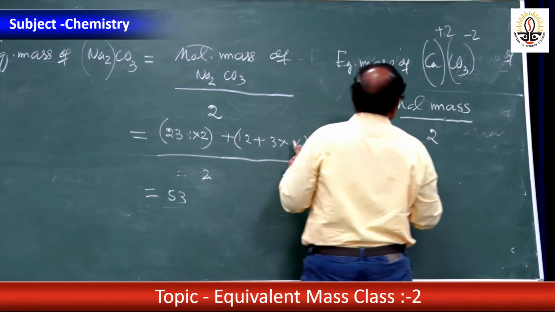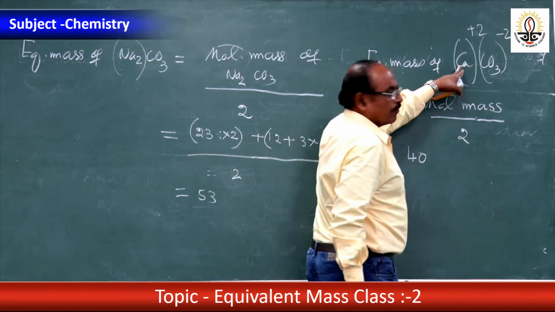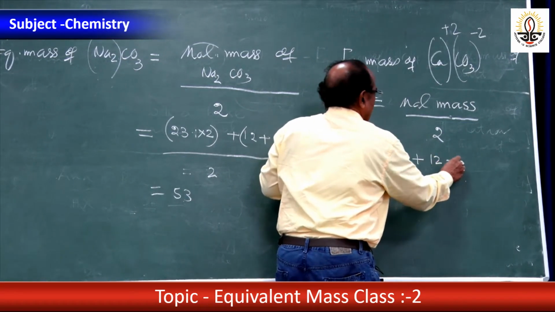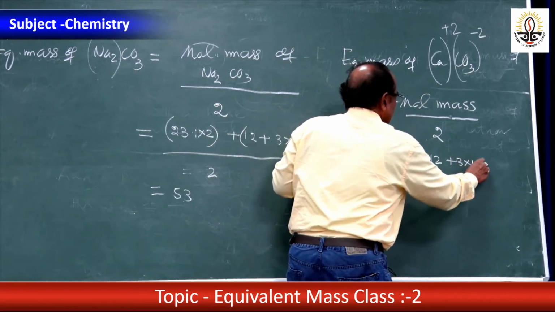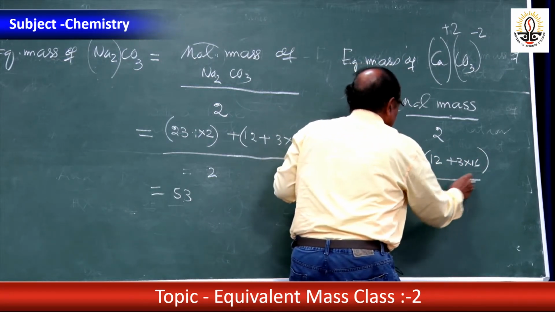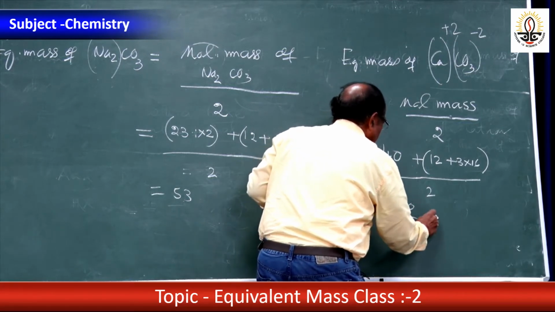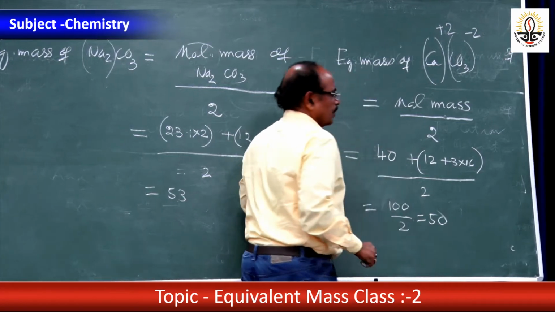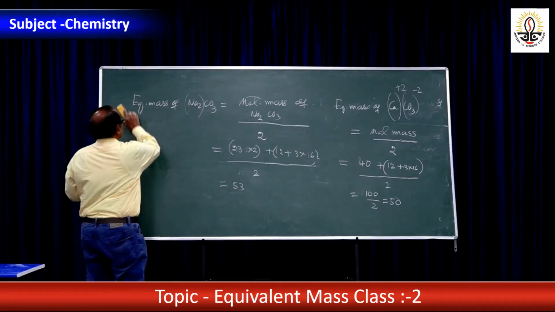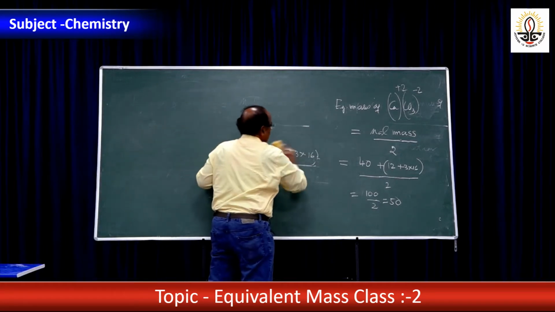Atomic mass of calcium is 40, carbon is 12 and oxygen is 3 into 16. This is 100 by 2, which comes to 50. So anywhere you go, you can very easily find out the equivalent mass of an acid, a base and a salt.